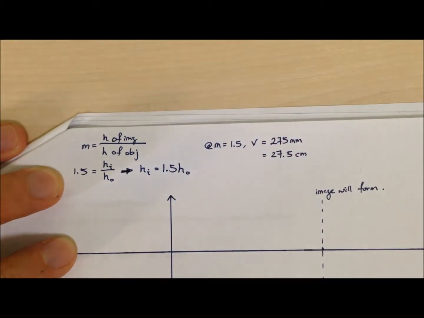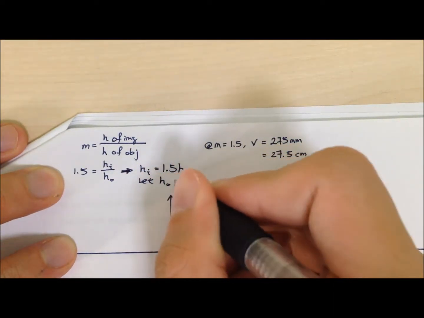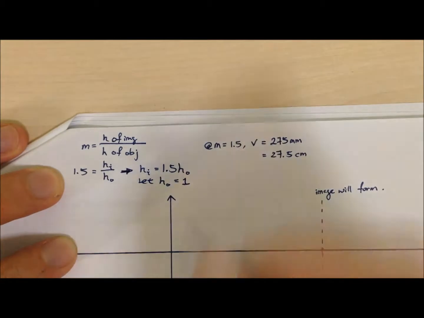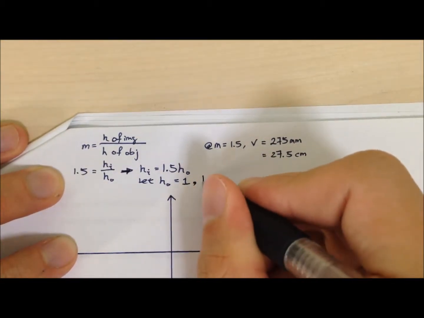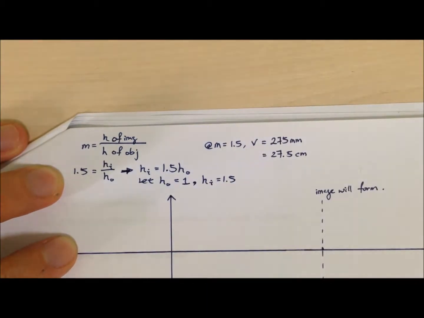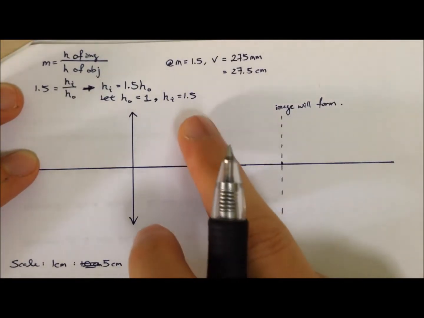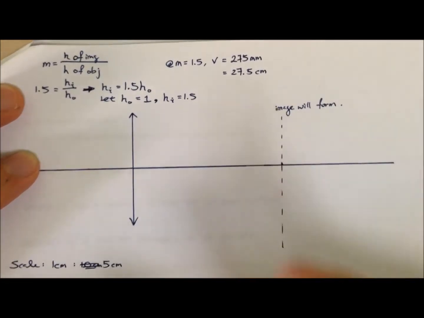Since it is my diagram, I can simply let my HO be 1, and this would make my HI be 1.5. Fair enough. I'm the one doing the experiment, right? I choose it. So I would choose an image of 1.5 cm on my diagram.